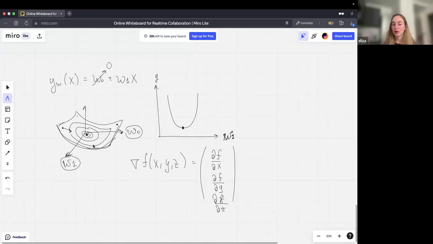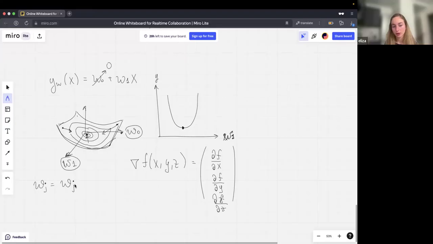But our goal now is to go to the minimum of the function. So you can just calculate the gradient and then put a minus in front of your gradient vector, and we will get the direction that minimizes your function. So we want to update the values of our weights with the next expression.